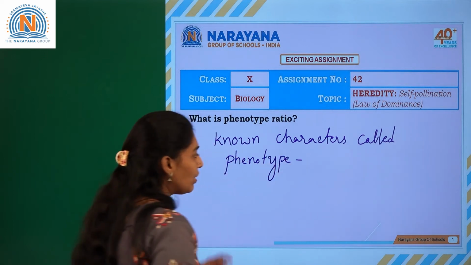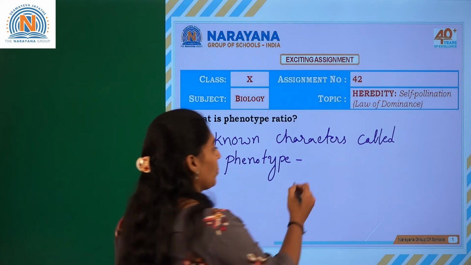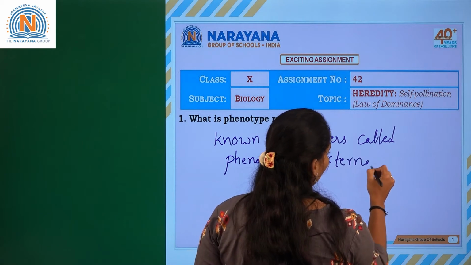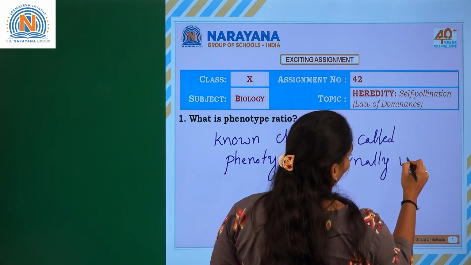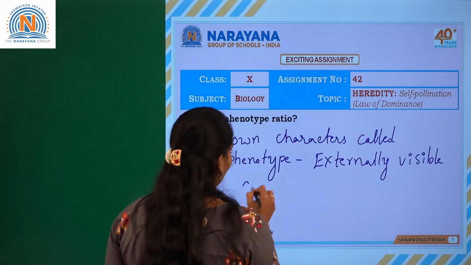So these phenotype characters are externally visible characters.